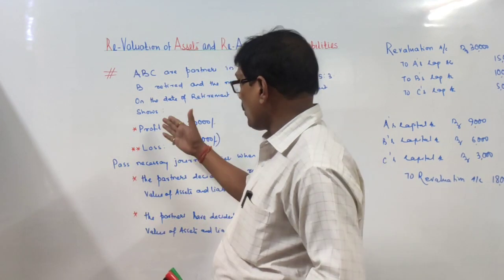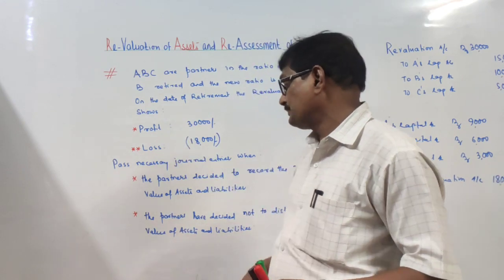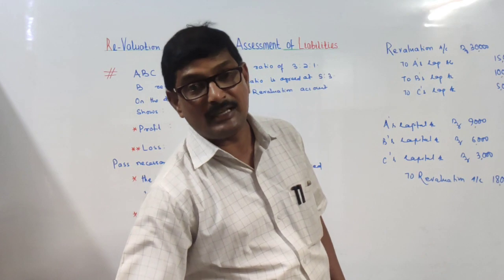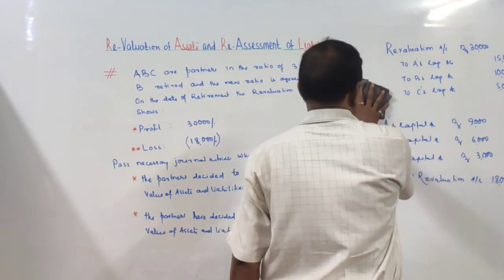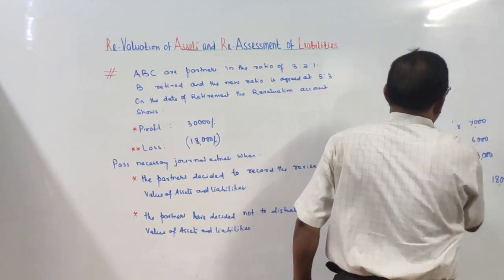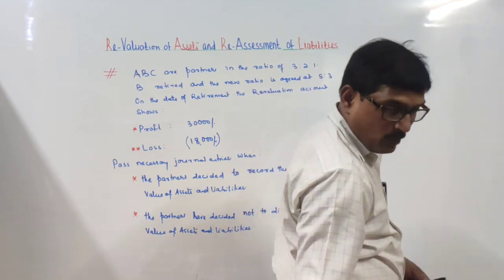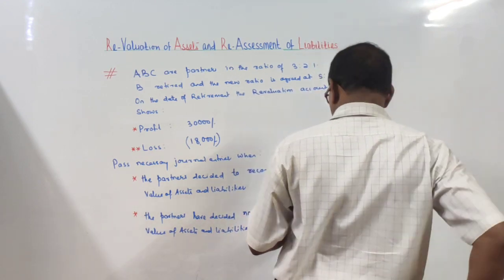So we have discussed the first case, in case of profit and in case of loss. The second one, when the partners have decided not to show the changes. Now you see what we will do. If the partners have decided not to show the changes, first of all, let us calculate the gaining and sacrificing ratio.